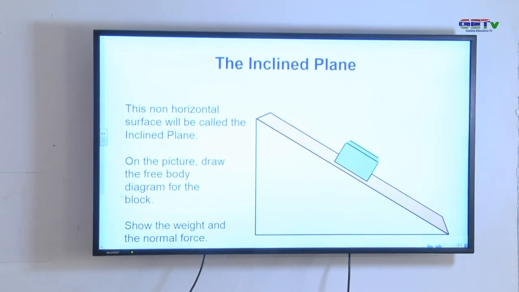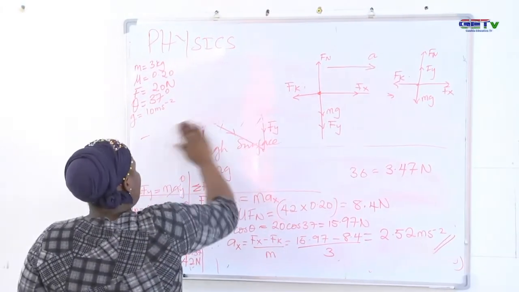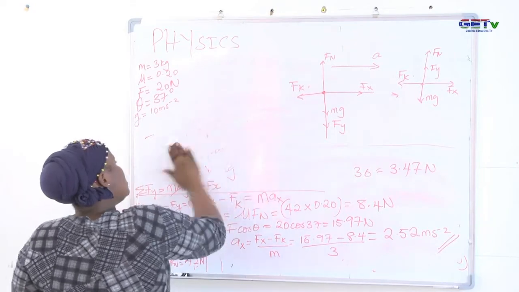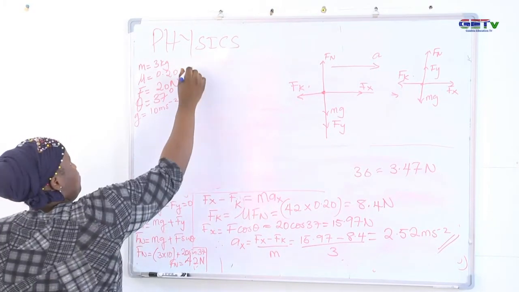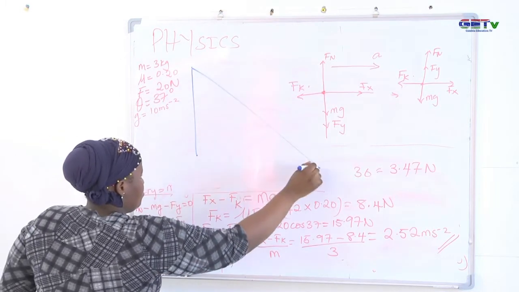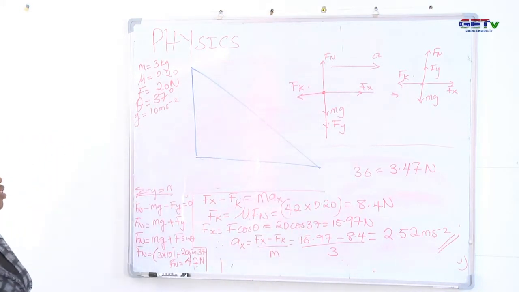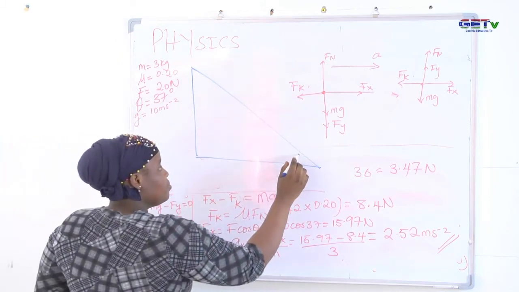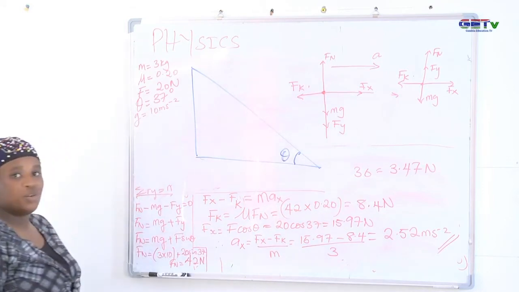We move on. Now, you know what an inclined plane is. Whenever you are given a question that contains an inclined plane, the first thing you're supposed to do is to draw the plane. You have to note the angle at which the plane is inclined, and mostly it is inclined with the horizontal, that's angle theta.